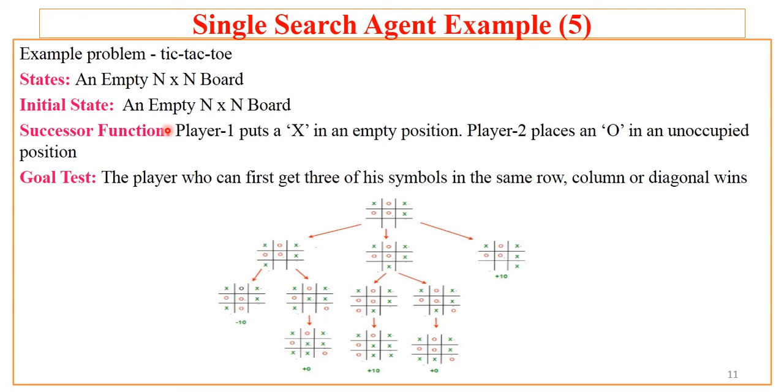Now here this is a two player game. The goal is that the player who can first get 3 of his symbols in the same row or same column or diagonal, he wins.